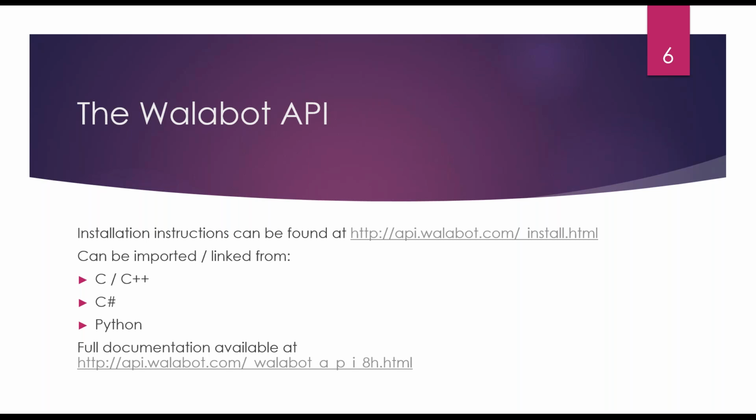Besides that, you can also find there a .NET DLL, which you can also link to a .NET application if you'd like to create something like that. And the third interface that we provide is a Python interface. So both of them are available in the installation folder of the Walabot. Depends on where you install the Walabot exactly on your machine.